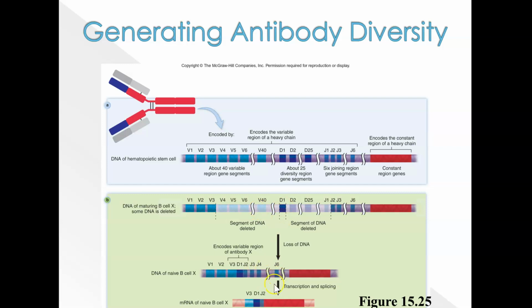When it gets stitched back together, it's going to be stitched in a really sloppy, very mistake-prone way, again generating diversity in those regions where the V, the D and the J meet. So between all of the different regions that can be selected, and the sloppy way they're stitched together, we're going to generate lots and lots of diversity.